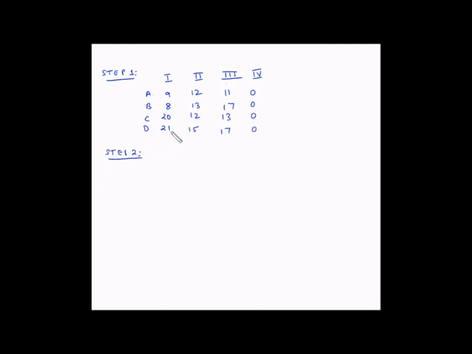So now let's go row wise and see which is the minimum number. So for A we have 0. Okay, so we don't need to deduct anything. For B also we have 0, C also we have a 0, and D also we have a 0. So basically for step number 2 we can't do anything. So let's copy the matrix as it is.